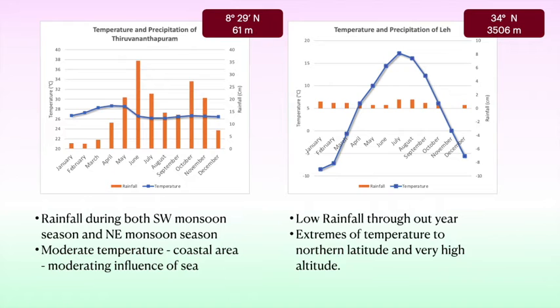So it is the typical line graph. Leh experiences extreme temperature because it is located at the northernmost point of the given places. As far as rainfall is concerned, it receives very meager rainfall throughout the year.